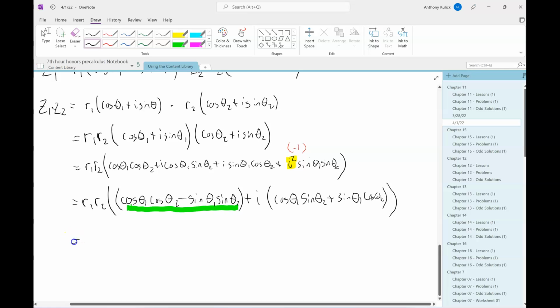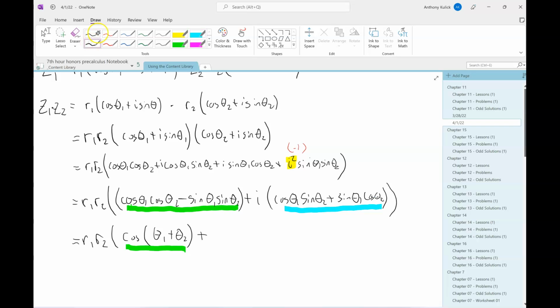That is an identity. That is the cosine of the sum of two angles. How about this one? Is that something you recognize?